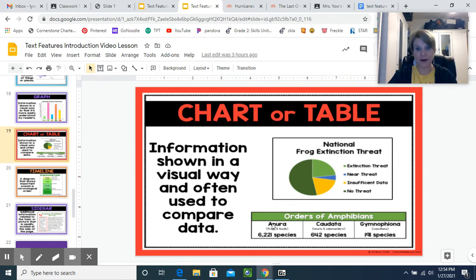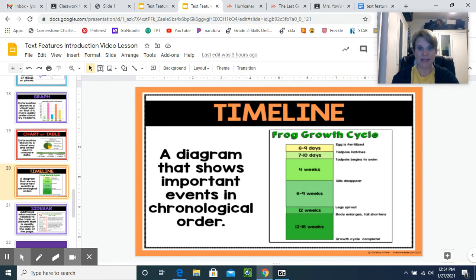So I can compare and see what the difference is and contrast between those two objects. So you'll see lots of different charts and tables in your stories, and I will actually show you some examples of those today.